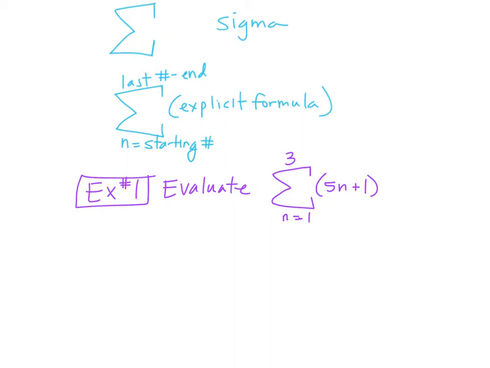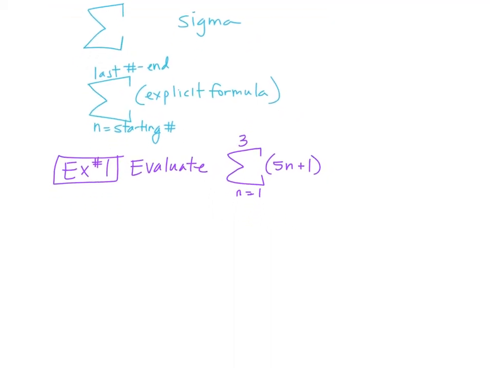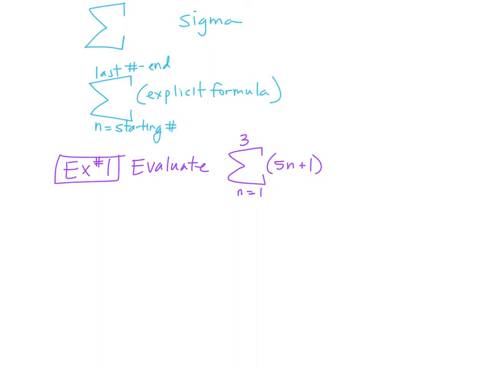Okay, so if this is our setup, basically they're saying we're going to evaluate the sum, so add the numbers from the first term to the third term for this formula. So what that's saying is if I plug a 1 in here, 5 times 1 is 5 plus 1 is 6. Okay, so this is when n equals 1.